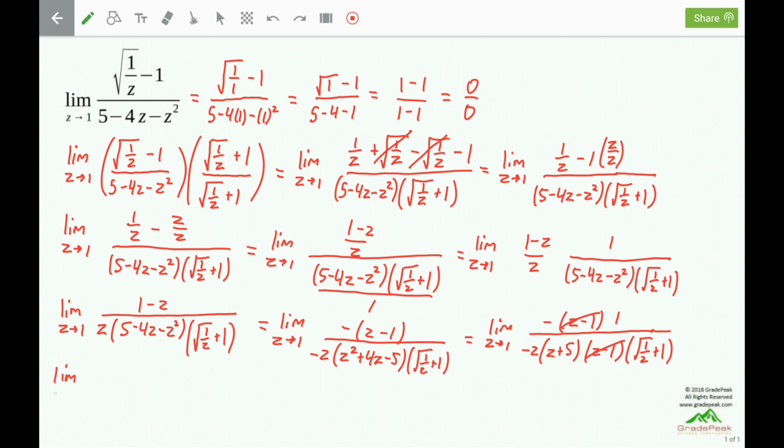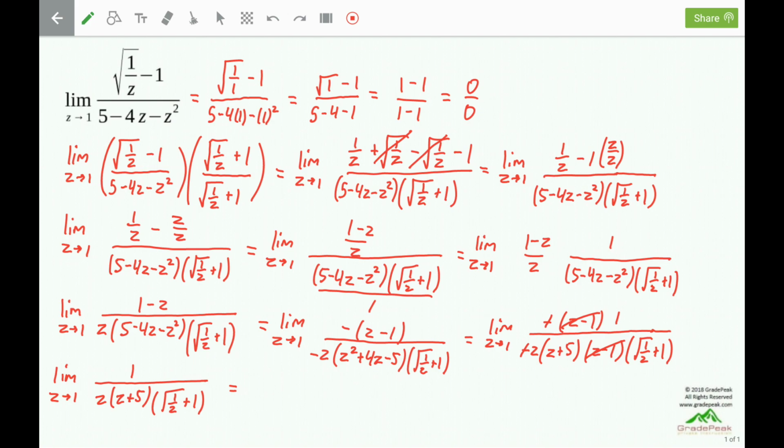So I have limit as z goes to 1 of, well, let's cancel the negatives out here as well, since I have a negative in the numerator and denominator. Positive 1 divided by z times z plus 5 times the square root of 1 over z plus 1.